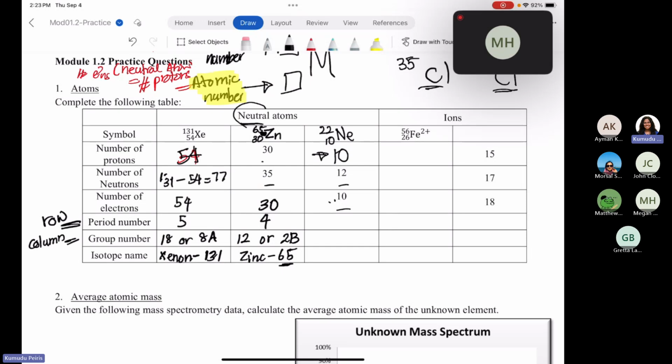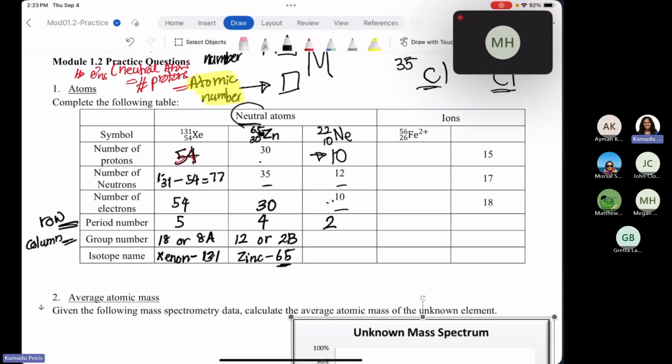Right. Okay. So now when you look for that one, you will find it is located in row number 2, and the group number should be 18 as well.